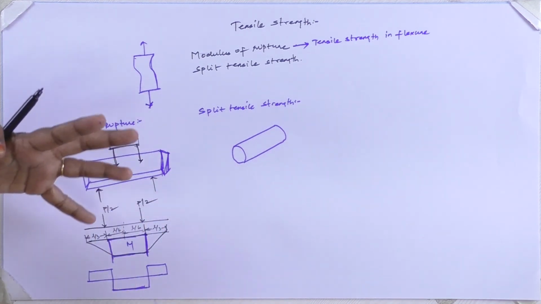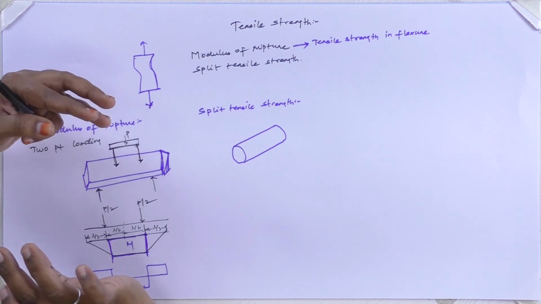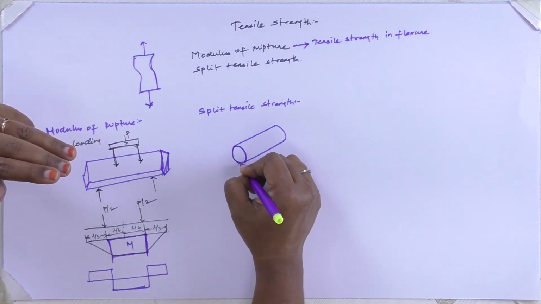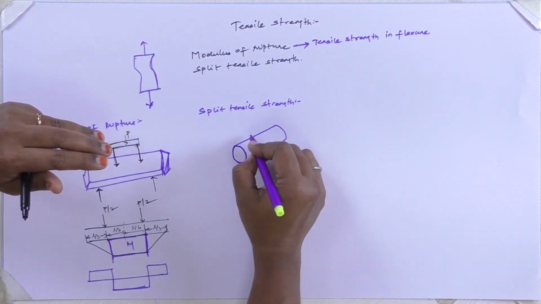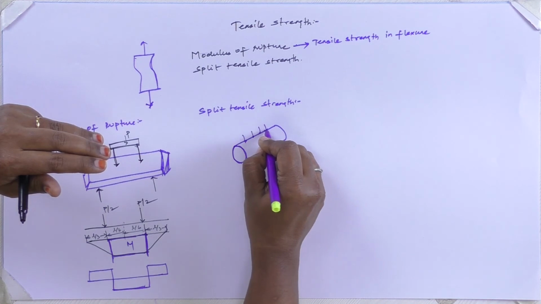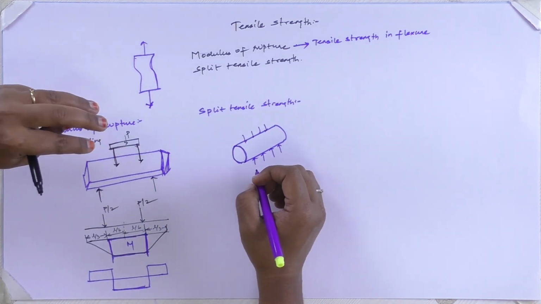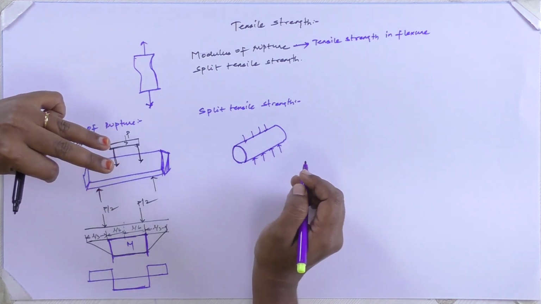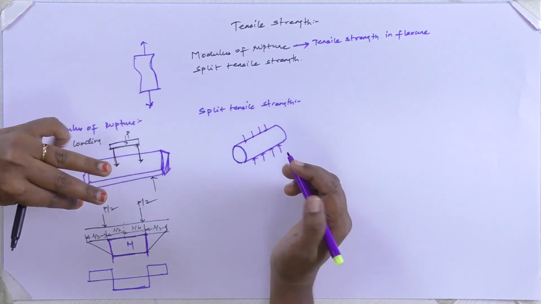That is, we will take the cylinder and load it in a compressive strength machine by keeping the cylinder in this manner. The platens will act here. This portion will be subjected to compression. How come to determine a tensile strength? Again, I am using a specimen in a compression machine is a question.